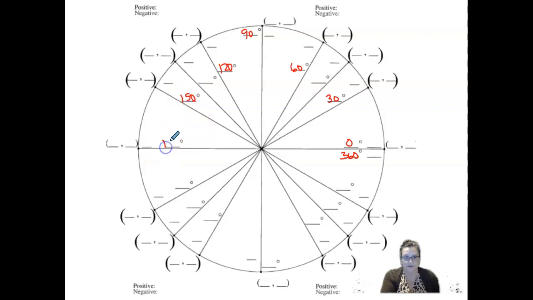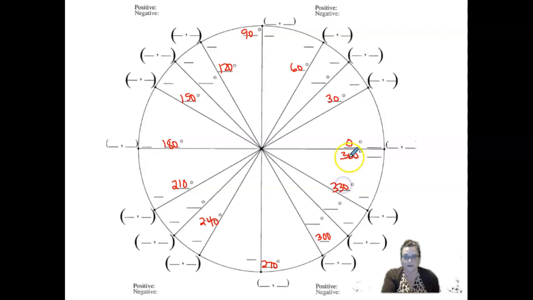6 times 30 is 180. 7 times 30 is 210. 8 times 30 is 240. 9 times 30 is 270. 10 times 30 is 300. 11 times 30 is 330.